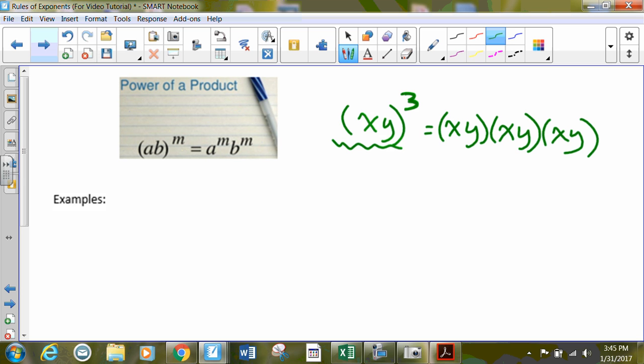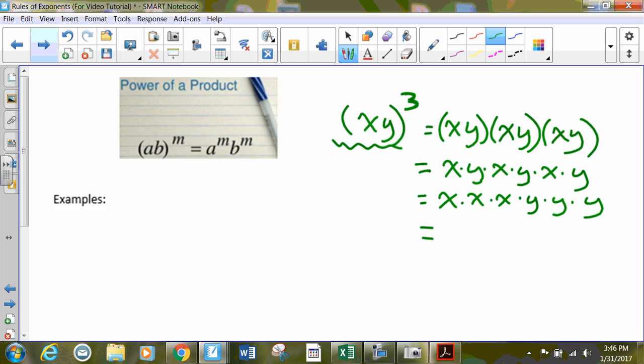And then I could remind myself, this is all multiplication, so I'm going to put the x's together and put the y's together because I'm allowed to rearrange that way when I'm multiplying. And then I notice I have 3 x's multiplied by each other, so that's x cubed. 3 y's multiplied by each other, that's y cubed. So the long way makes sense, but it's a long way.